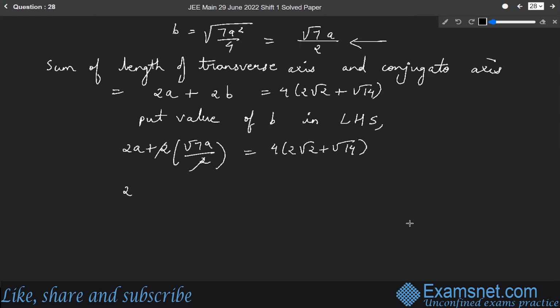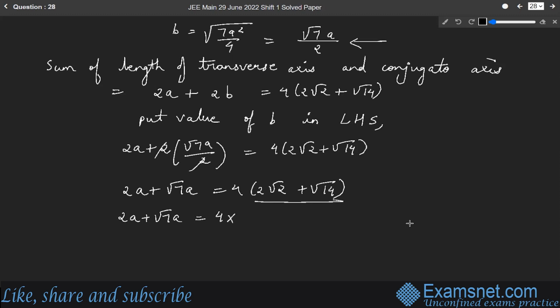So the equation becomes 2a plus under root 7a is equal to 4 into 2 root 2 plus under root of 14. Now you can see that in this term, root 2 is common. If we take root 2 common from here, the left hand side is 2a plus under root of 7a. And the right hand side is 4 multiplied by, when we take root 2 common from these two terms, the remaining terms will be 2 plus root 7, right?